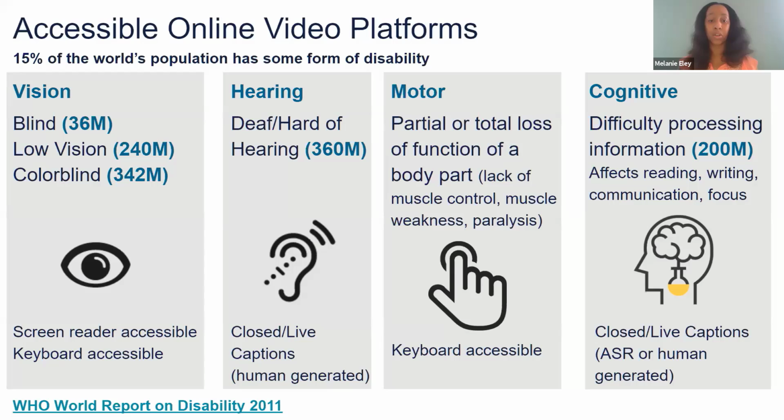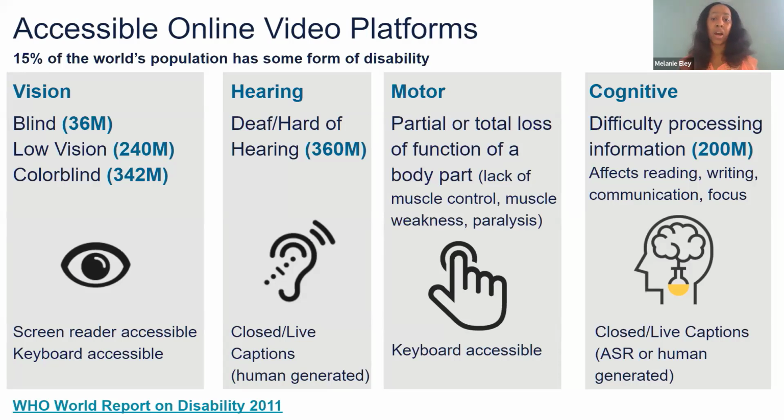And those captions do need to be human generated, meaning an actual person is creating the captions, not the ASR generated, which is basically your automatic speech recognition captions. That's just because ASR captions typically are not going to be at the accuracy rate that we need. It needs to be 99% accurate for someone who's deaf or hard of hearing.